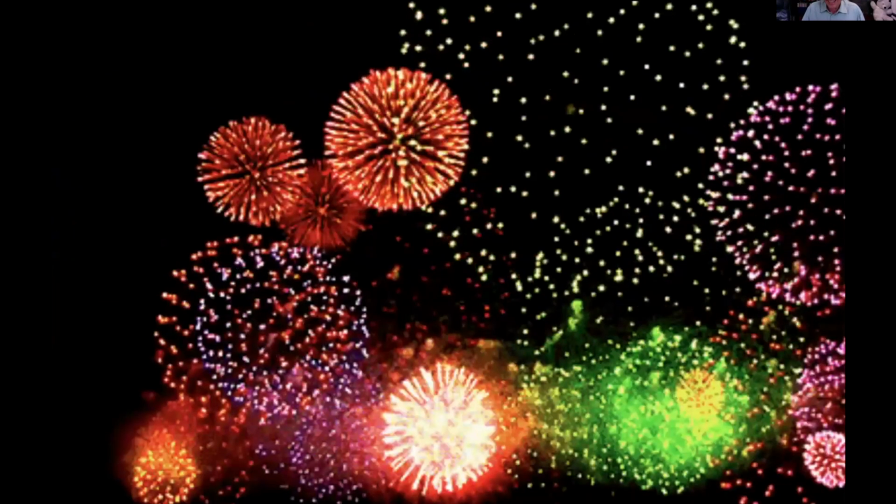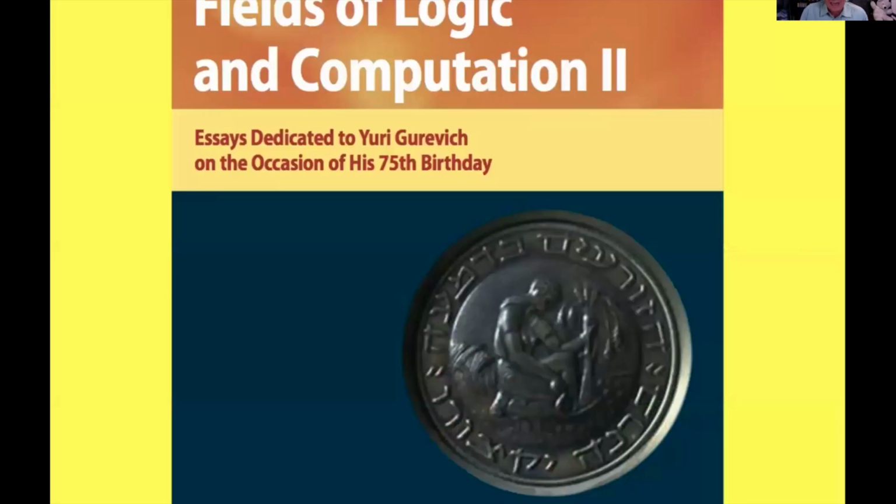Enjoy. Yeah. So 10 years ago, there was a volume number 2 in this series of Fields of Logic and Computation, dedicated to Yuri Fields, because Yuri sort of means a farmer. So this was the idea. And there was a picture on the cover of a brass plate that spoke about planting and harvesting.